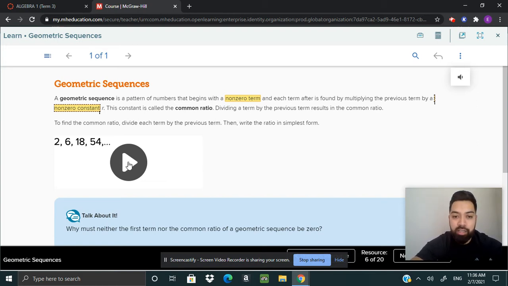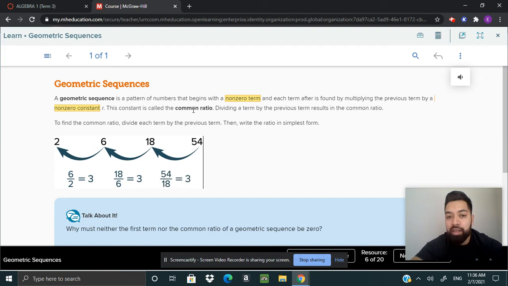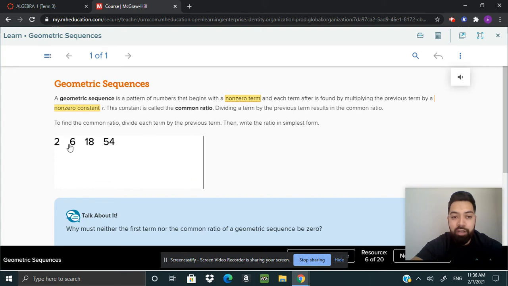Okay, let's take a look at this example here. It starts with a 2. 2 is a non-zero constant. And then it goes to 6, 18, 54. If you want to find the common ratio, you just take the number that is next and divide it by the previous.